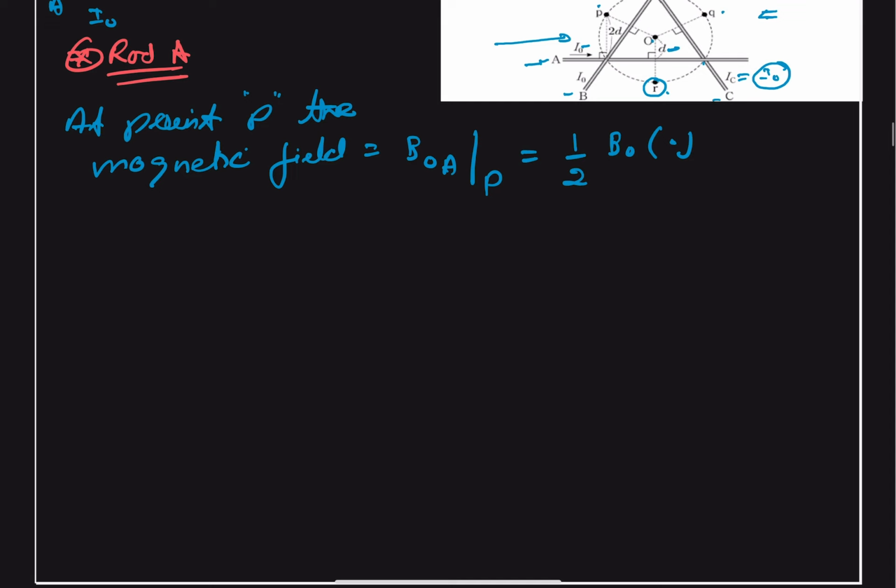Outward direction, because in order to find out net magnetic field, we should be knowing the magnitude as well as direction.